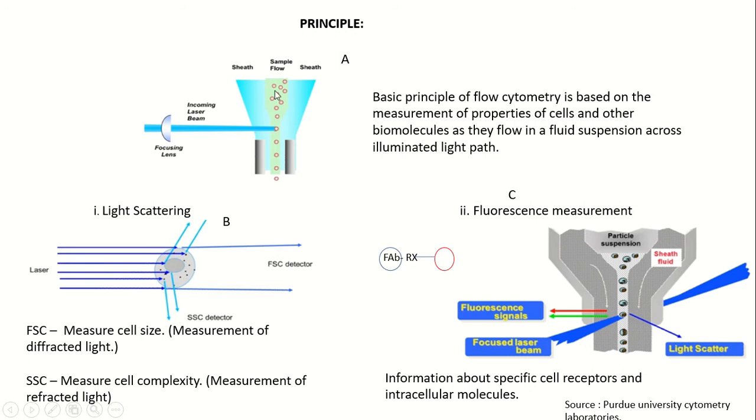As you can see in figure A, there is a single stream flow of cells, and it is maintained in a way that at the place of interrogation of the cell and the laser light, a single cell always interacts at a time with the laser beam.